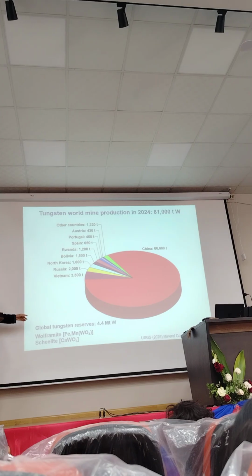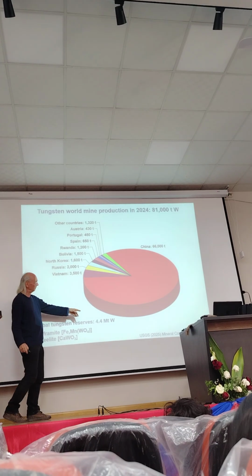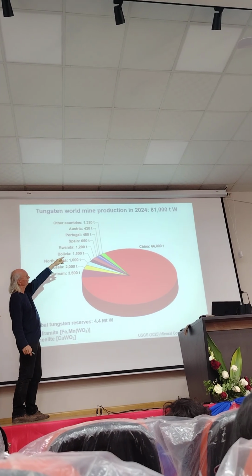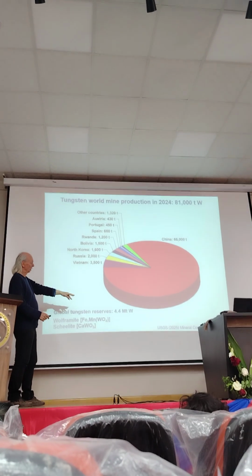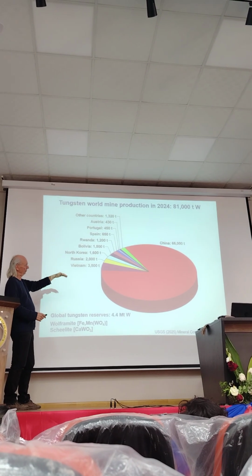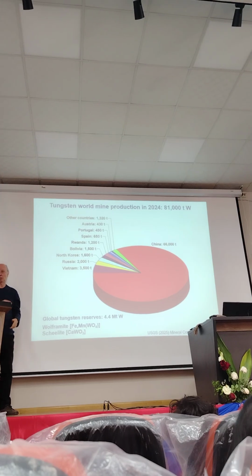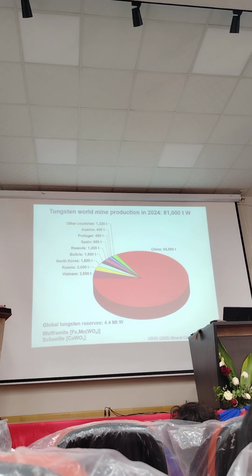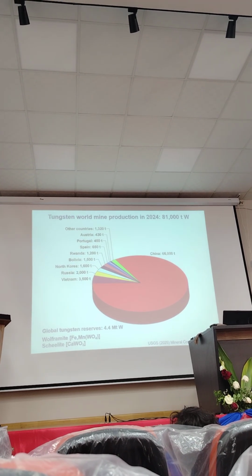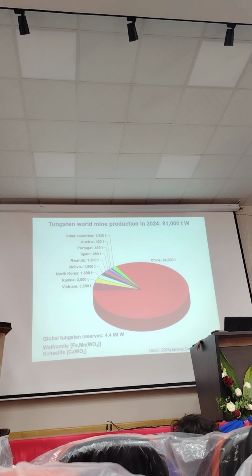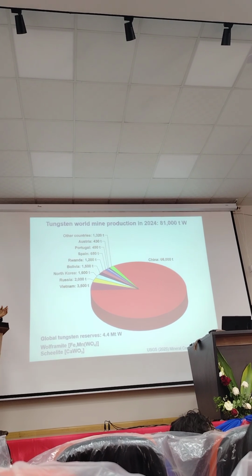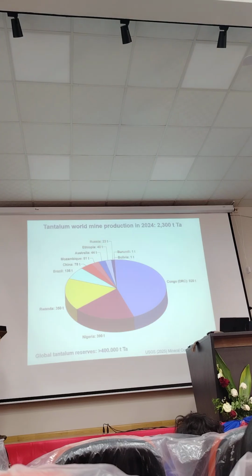And the global reserves are at 4.4 million tons of tungsten, compared with about 80,000 tons of tungsten yearly production. So here the situation is different. For the next 50 years there are enough reserves. This is why prices for tungsten will not increase significantly. But for tin it can increase more, because the reserve base is so small.